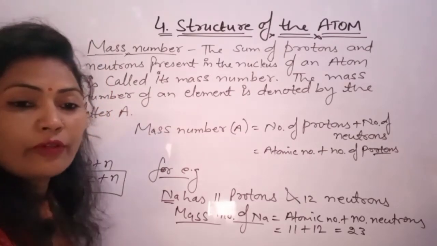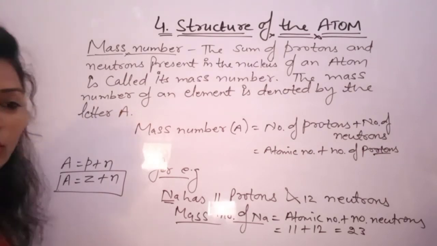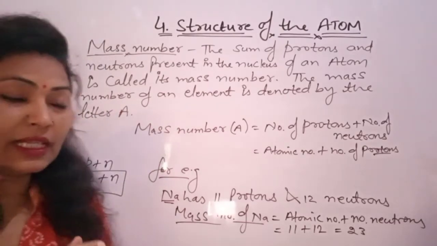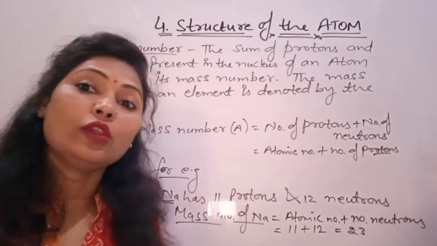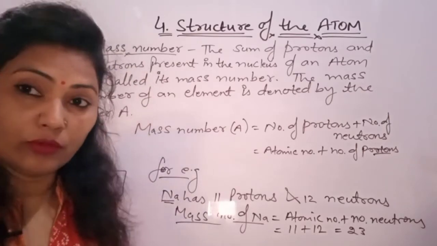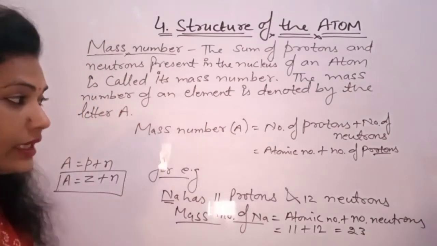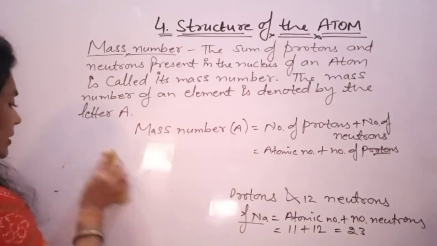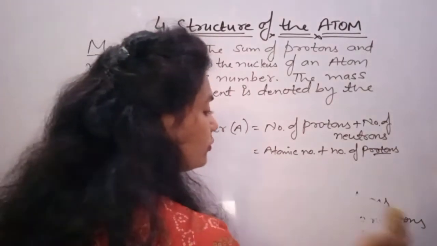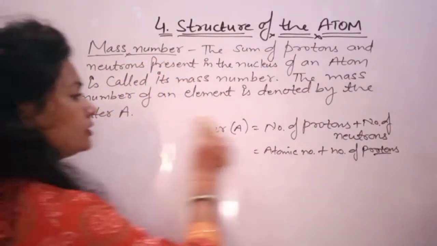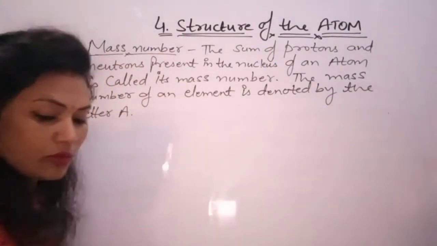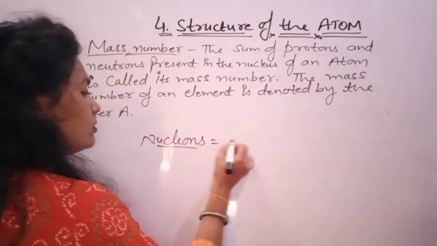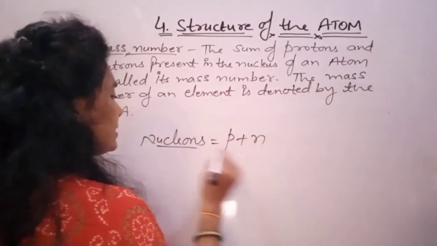Please note that the total number of protons and neutrons present in a nucleus are also known as nucleons, which I have already told you. So what are nucleons? If we take the number of protons and the number of neutrons, these form nucleons. Nucleons equal the number of protons plus the number of neutrons present in a nucleus.